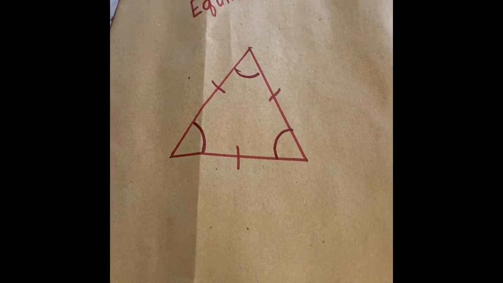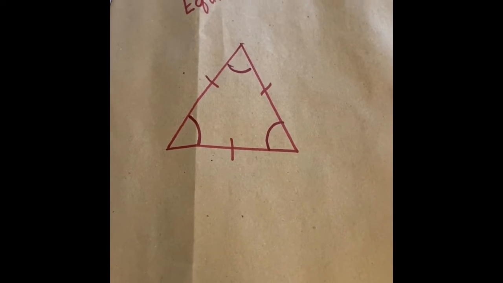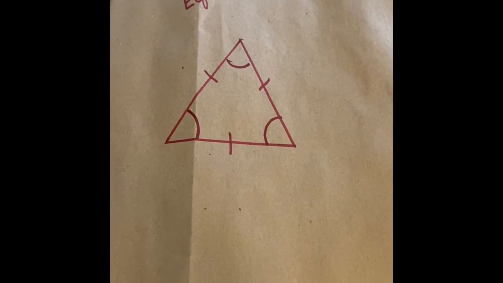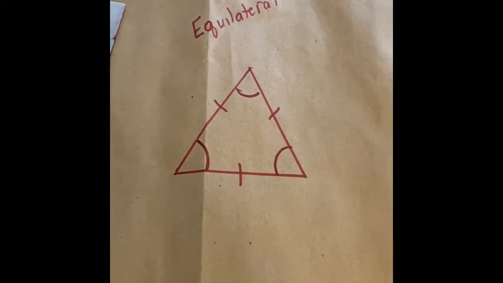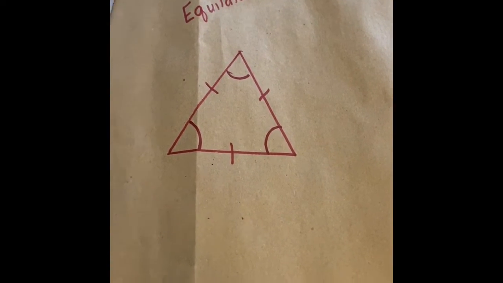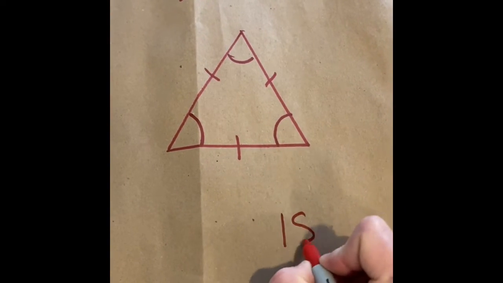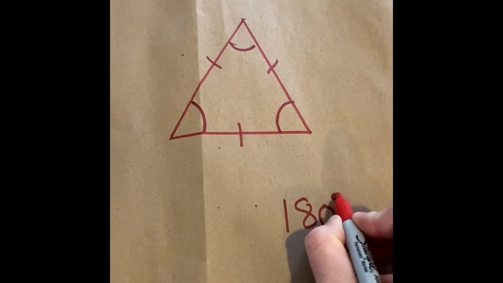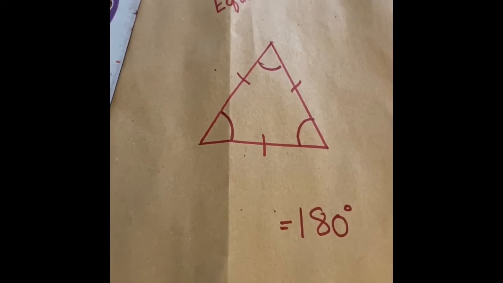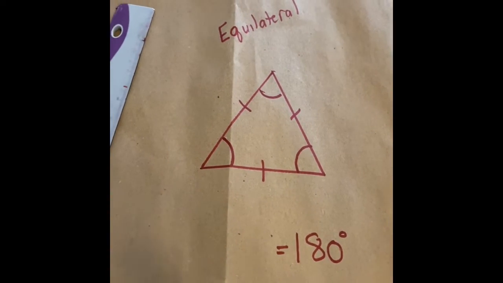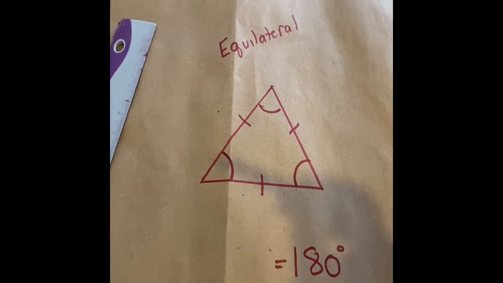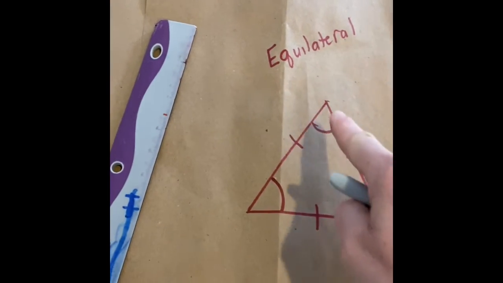Now, we haven't talked about this before, but when you have a triangle, all the angles in the triangle, this one, this one, and this one, all add up to 180 degrees. They have to sum or add to 180 degrees. So we need to think of a number that when you add it to itself 3 times, so for example, 30 plus 30 plus 30, because all of these angles are the same.